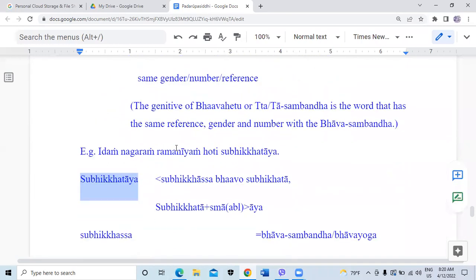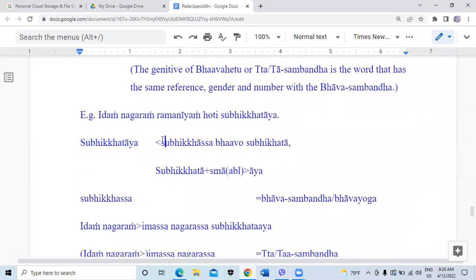Okay, let's see an example. With an example, you will better understand. Idanakaram, Ramaniya, Hoti, Subhikataya. This is bhava, he do what? Idanakaram, this town, Ramaniya Hoti, is pleasant.